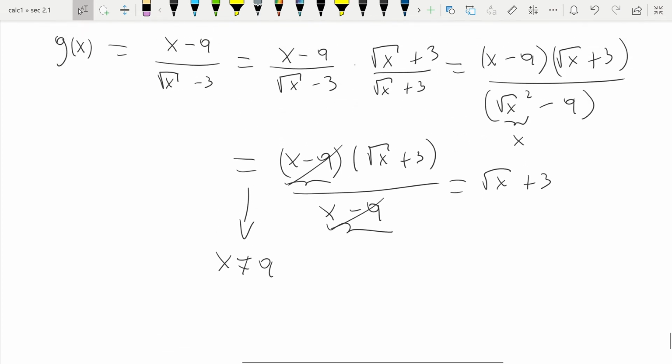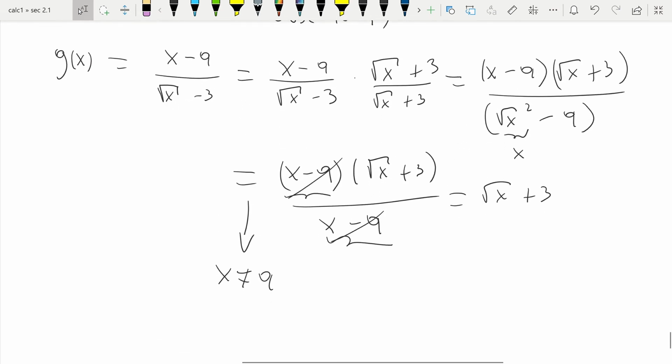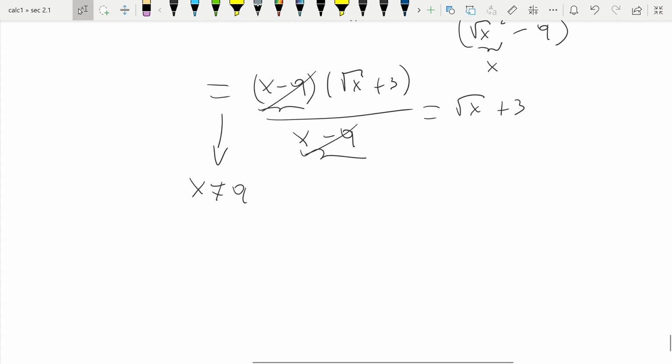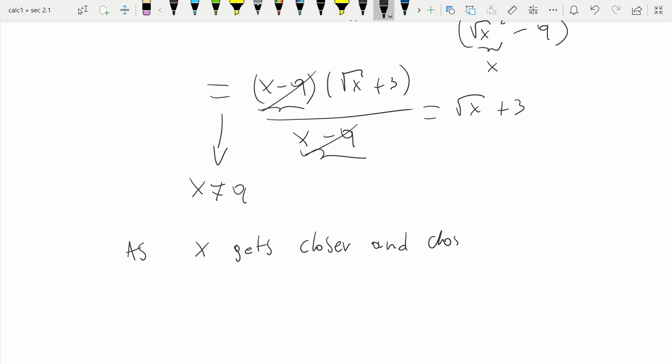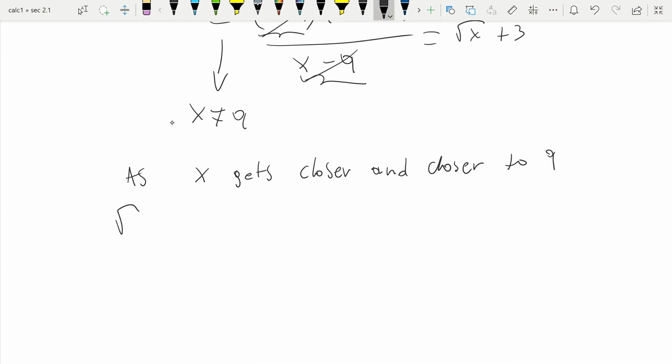So what happens now as x gets closer and closer to 9? As x gets closer and closer to 9, the square root of x plus 3 gets closer and closer to the square root of 9 plus 3.